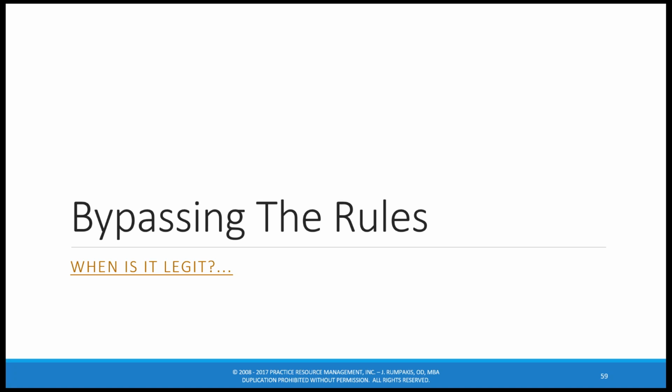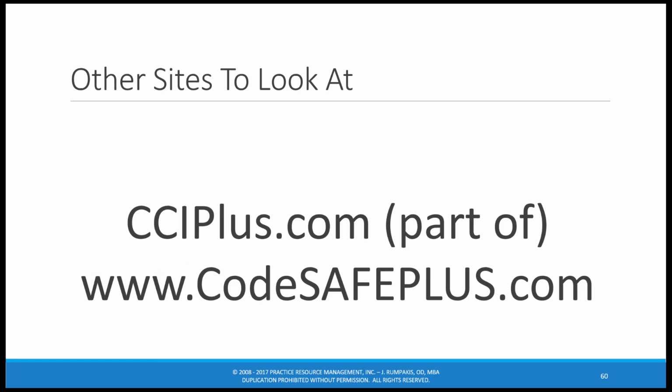In other words, you're telling the insurance carrier, listen, I'm breaking the rules because I have a clinical condition that dictates that the rules must be broken, okay? Not because it's convenient for you or for the patient, but because there's a clinical situation that demands that it be done on the same date of service. If that's not in the medical record and you're using modifier 59, trust me, that's a big flag that puts you and your practice at risk, okay?